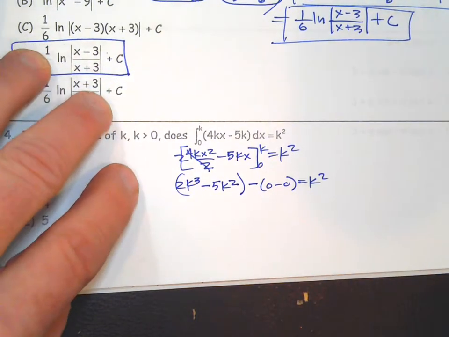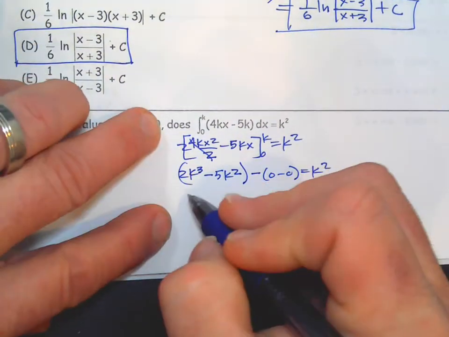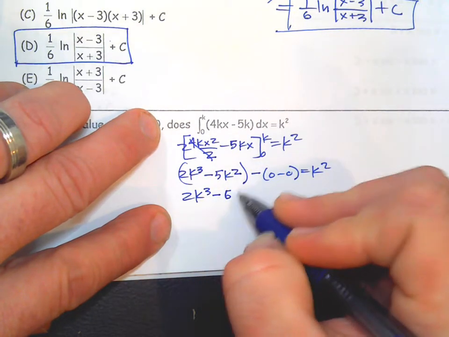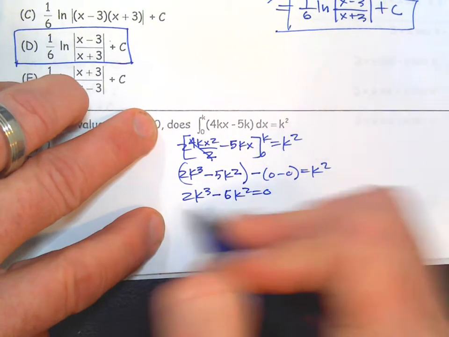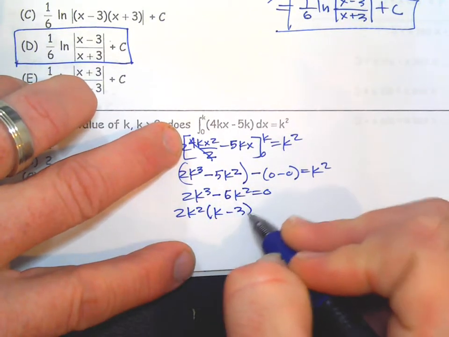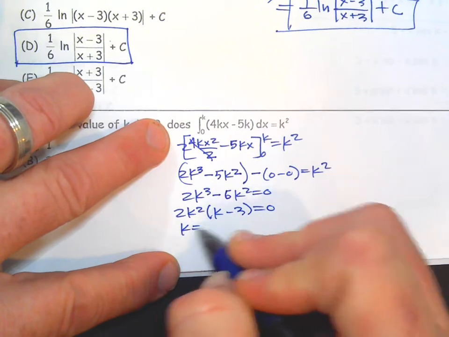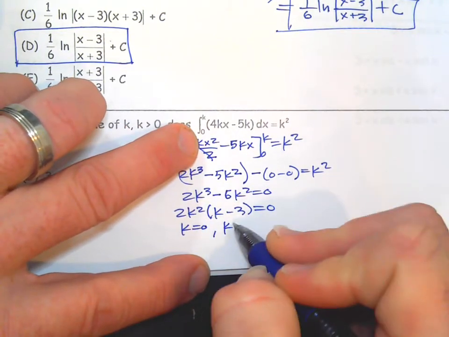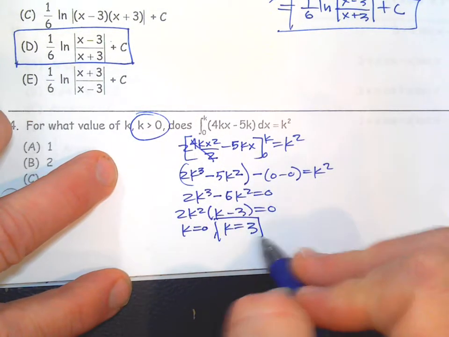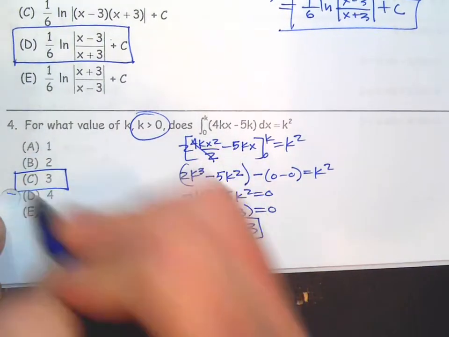Then I think we want to solve this. We bring everything to one side: 2k cubed minus 6k squared equals 0. Factor 2k squared out: k minus 3, k equals 0. k equals 3. It says that k has to be greater than 0, so this is the one we're going to go with. k equals 3.